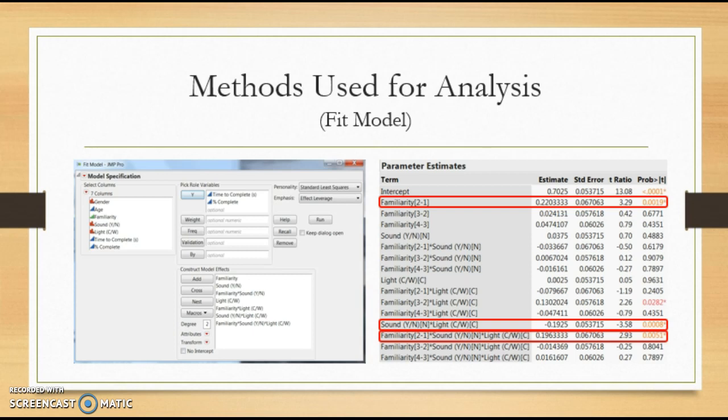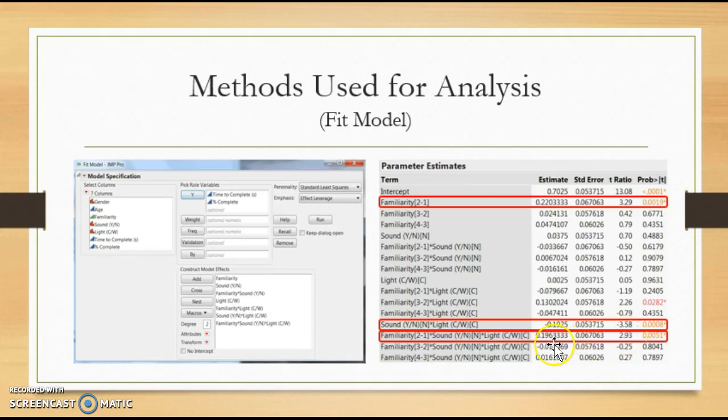So once we had all of that data, we decided to put it in a fit model, and here are all of our inputs with our outputs of our time to complete and also our percentage complete. So once we ran that test, we saw our points of interest over here. We saw that a low familiarity with Sudoku was a significant value.